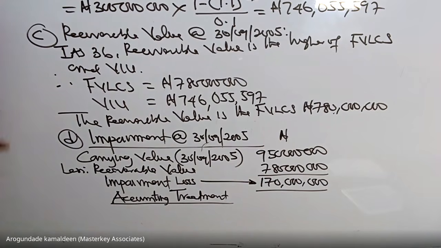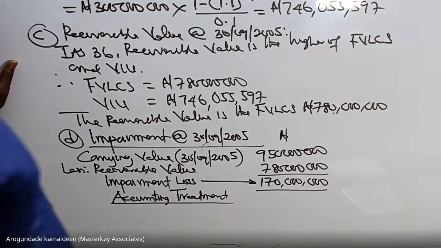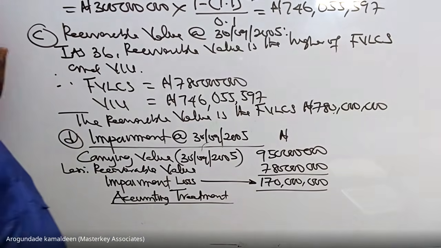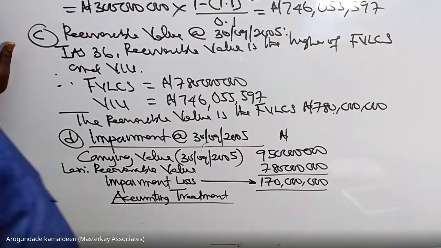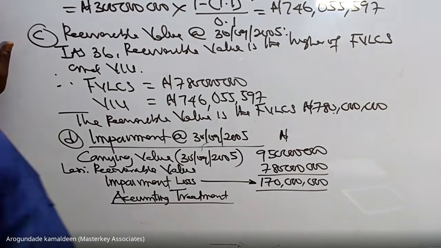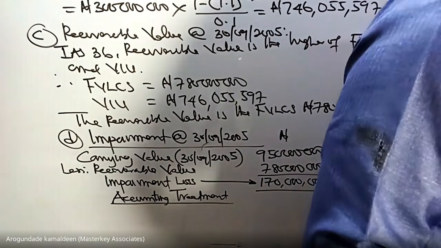So this same property has been revalued before. Fortunately, it was an upward revaluation that brought about a surplus. The total surplus in the books is 60 million, right?